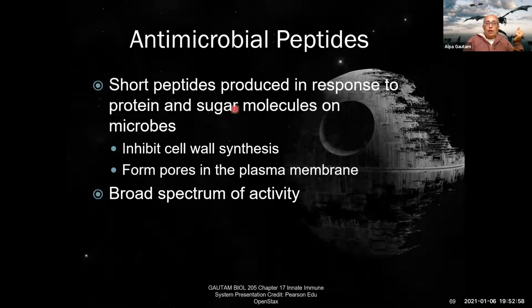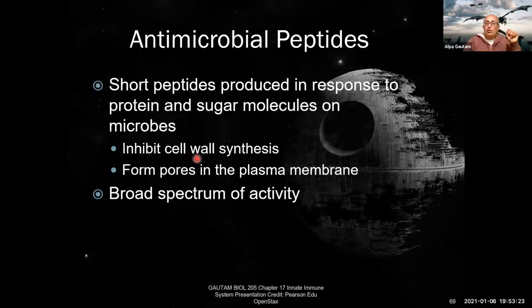Now, we also produce antimicrobial peptides. These are small amino acid chains that are produced in response to certain proteins and sugar groups that are present on microbes. What these small antimicrobial peptides can do is they can prevent cell wall synthesis.